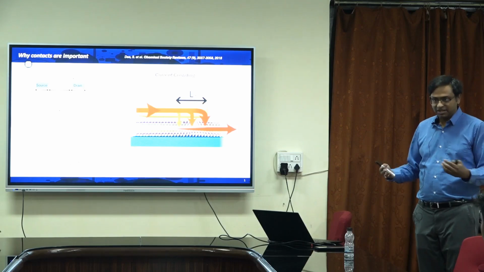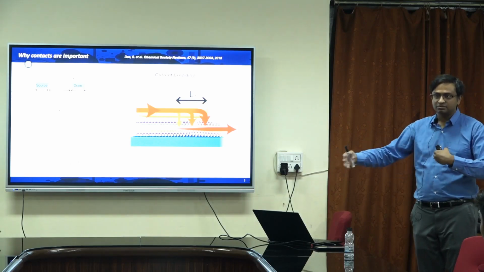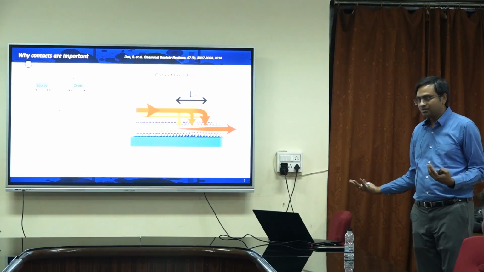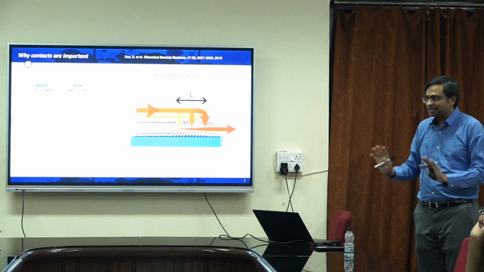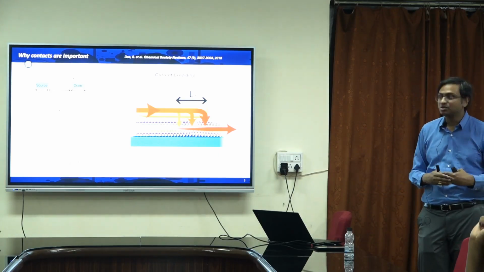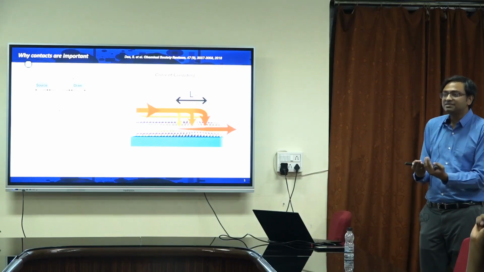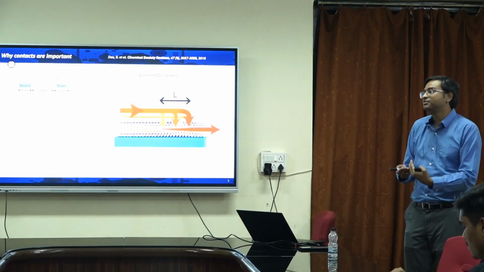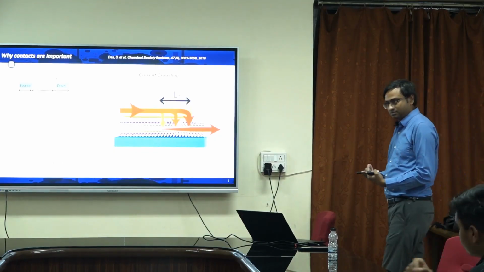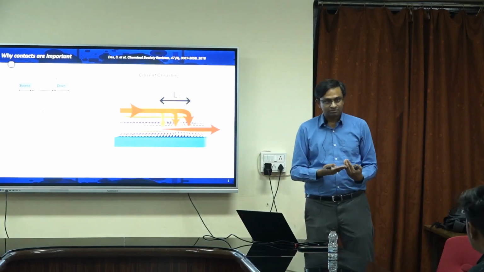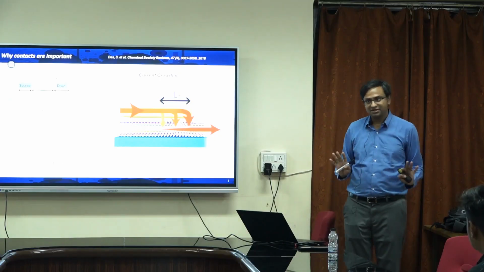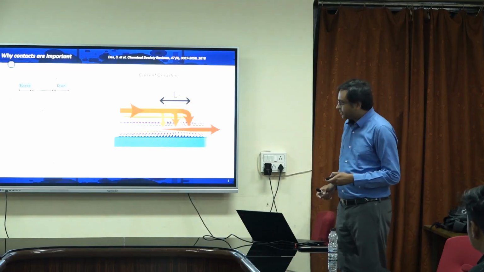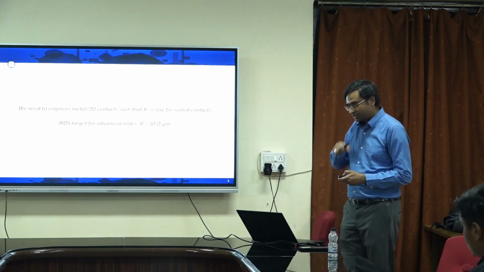I know that if I make my road wider, I will be able to get more people into the Sangam. There is no rocket science in that. What is more fundamental is what happens per unit width, and that is something we have to minimize. Make sense? This part is clear? Okay, so we now know our target for the contact resistance.